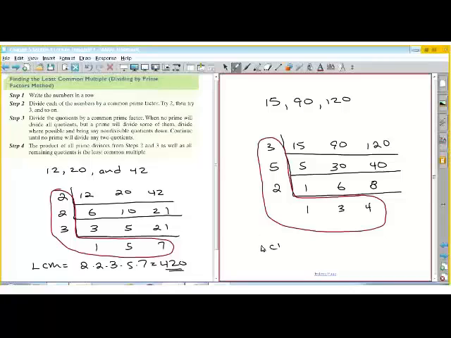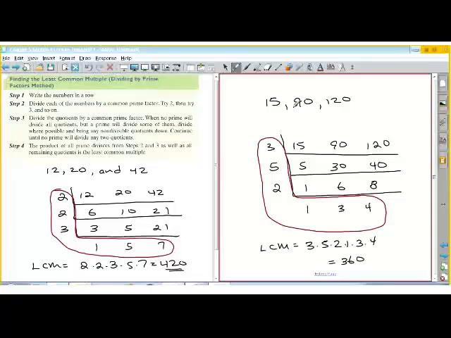So I'm going to multiply all these numbers together. My least common multiple is 3 times 5 times 2 times 1 times 3 times 4, which is 360.